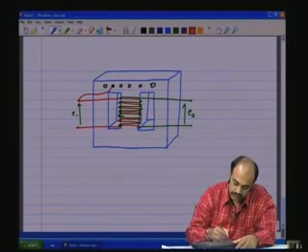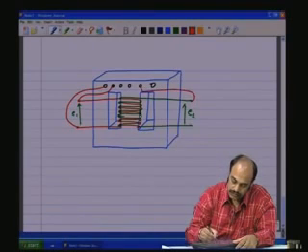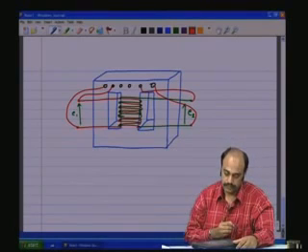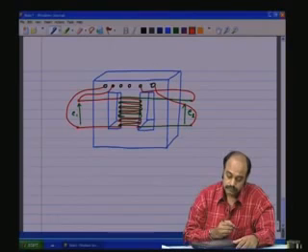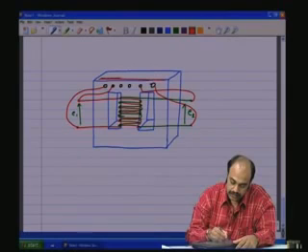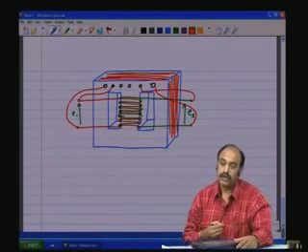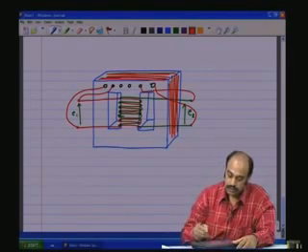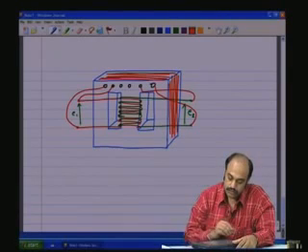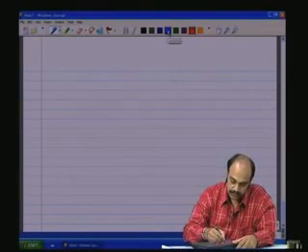The primaries are soldered onto this, and the secondaries onto this. And these are the laminations which you will see, the lines here, which are the thin laminations of the grain oriented silicon steel. Now, here you need to worry about few physical dimensions, which I will explain now.